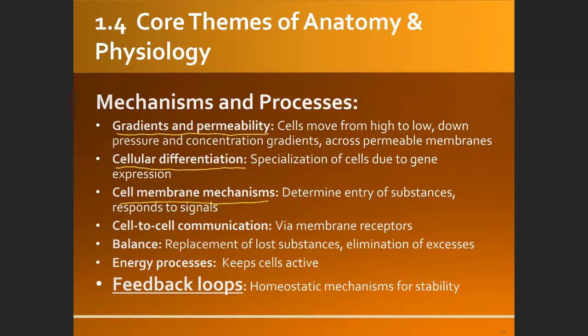Okay, balance, and again, this is very important. Our body has to keep our body functions within balance, within the normal range, and also keep the energy that keeps the cell alive.